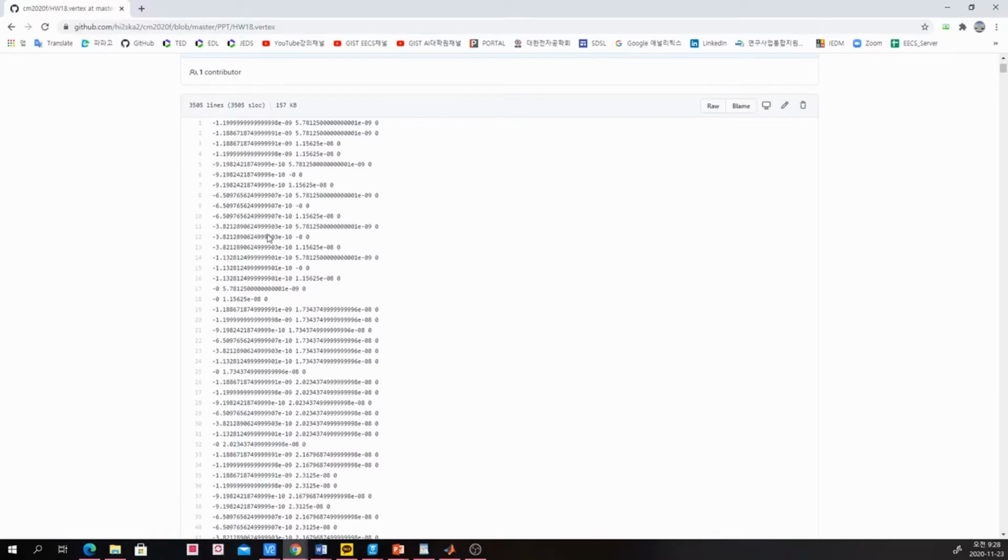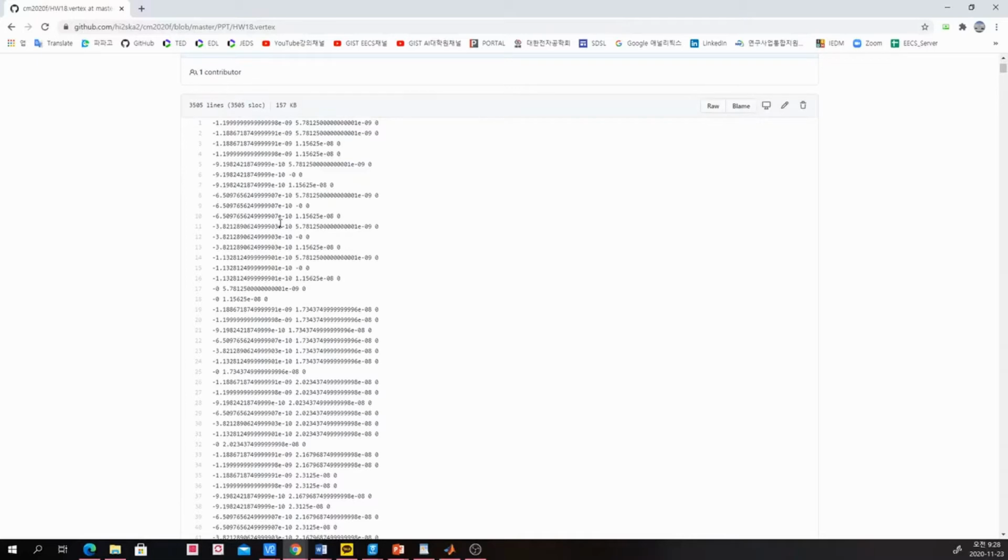Here you can see that 11 has the same y coordinate as point number 8, and the x coordinate is different, slightly smaller in absolute value.